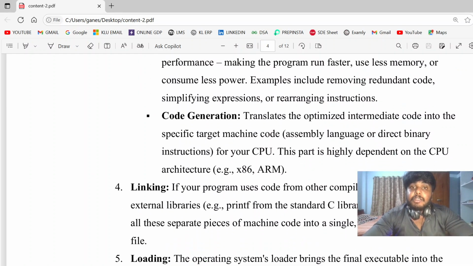So linking, the next main process is linking. If your program uses code from other compiled files, object files, or external libraries, the linker combines all these separate pieces of machine code into a single cohesive executable file. So the machine code, external libraries and other object files used in this program will be linked together, and that will create an exe file.